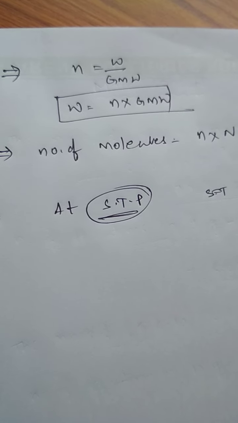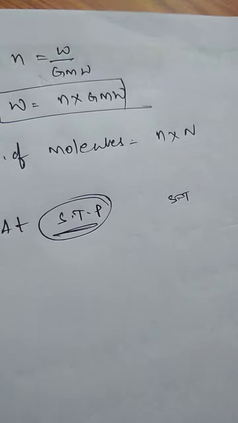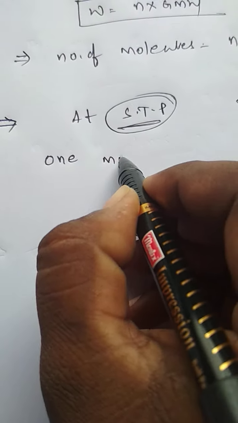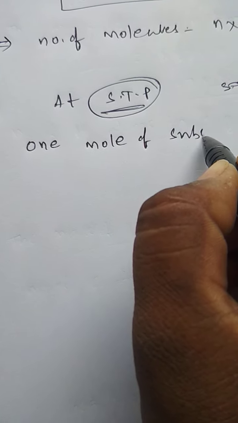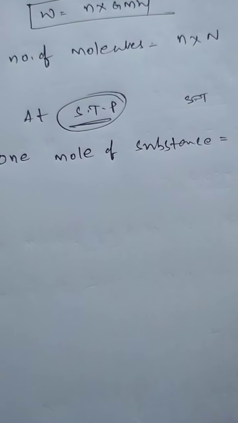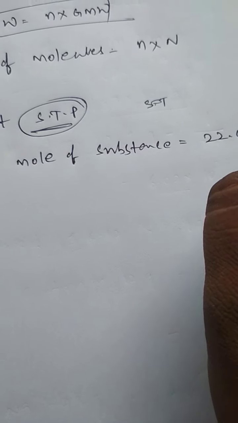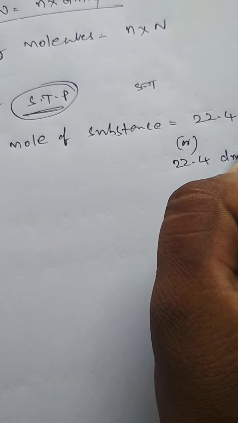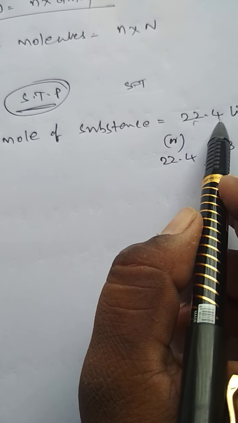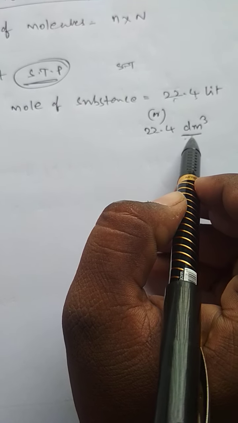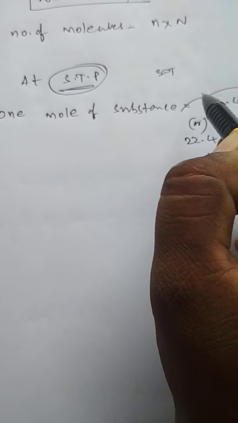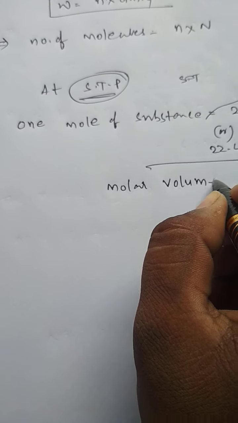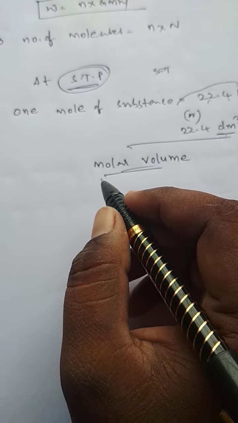At STP conditions, 1 mole of any gas, 1 mole of any substance occupies the volume 22.4 liters, or 22.4 decimeter cube. This volume is called the molar volume.